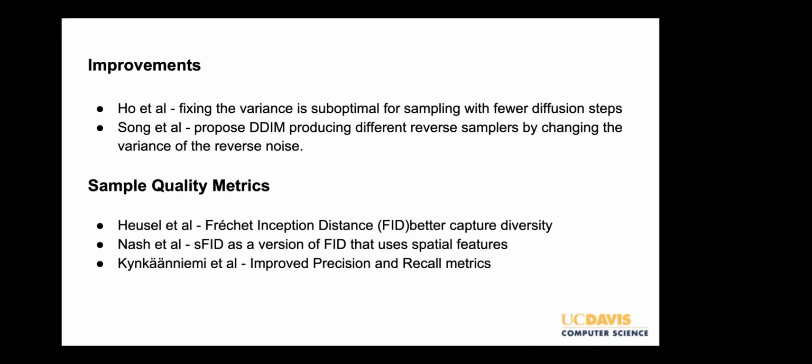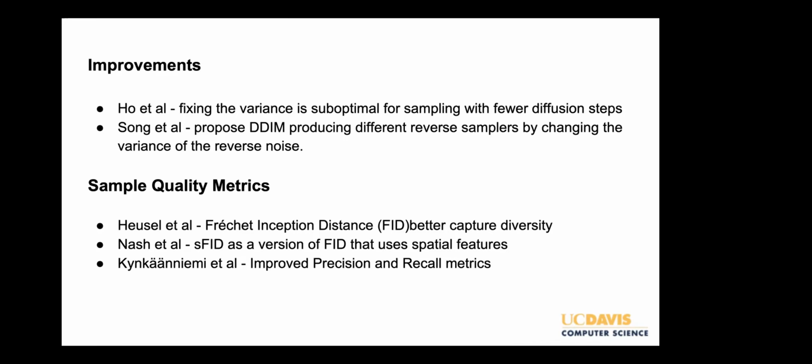The training objective is a mean squared error between the true noise and the predicted noise. They have just taken the background definitions of some of the mathematical concepts such as the mean squared error and variance, which I'll go through on the later slides.